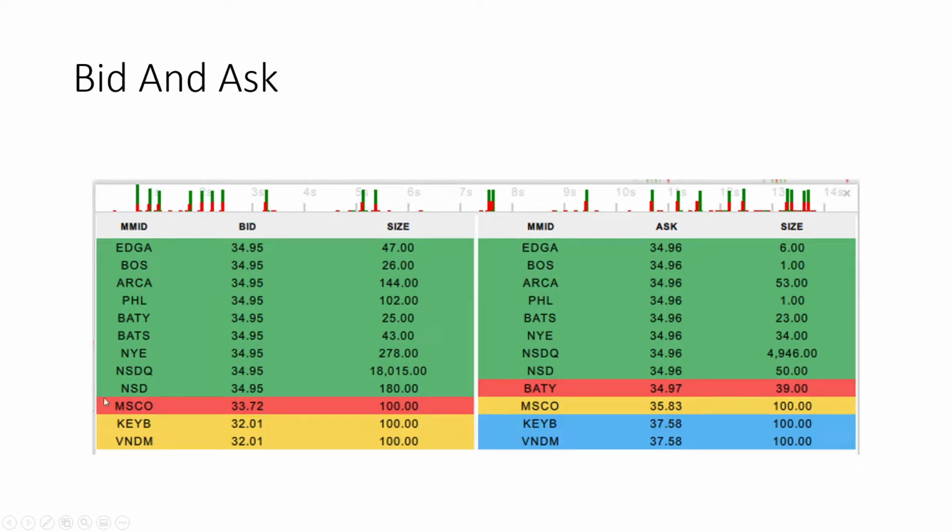This right here is the exchange. These are the different exchanges that these prices are being bid at. So we have the NASDAQ, we have the ARCA. We have a lot of different exchanges. Think of them simply as different locations that these bids are coming from.